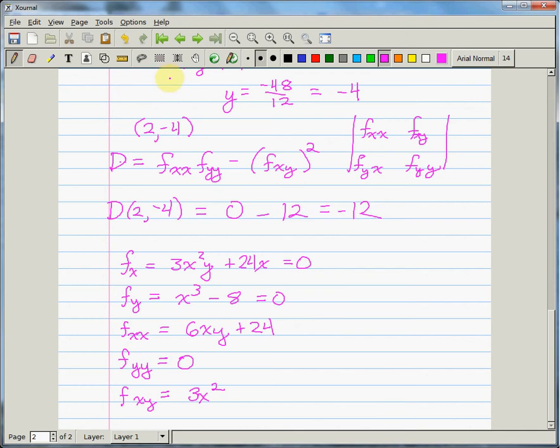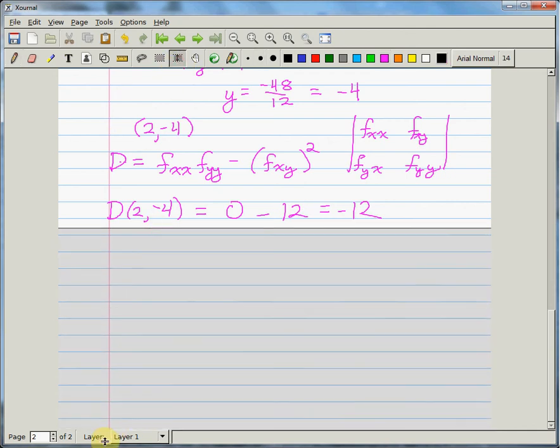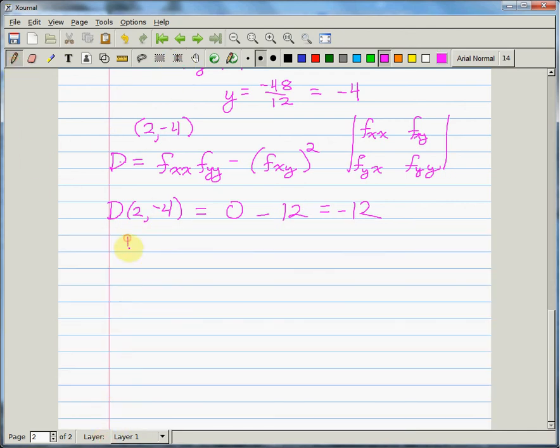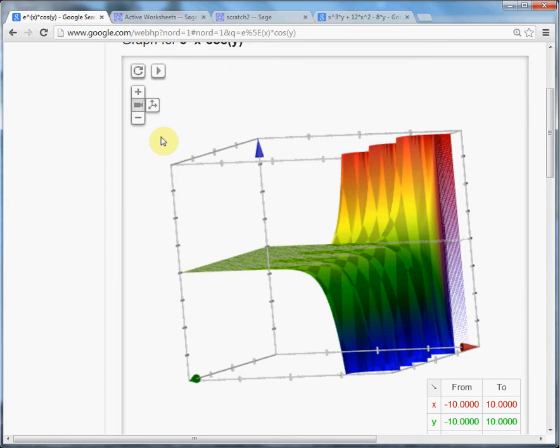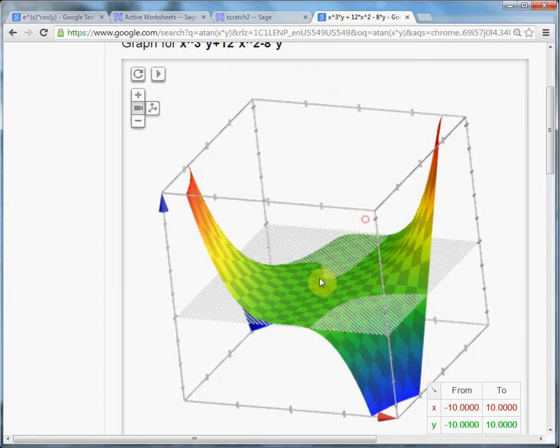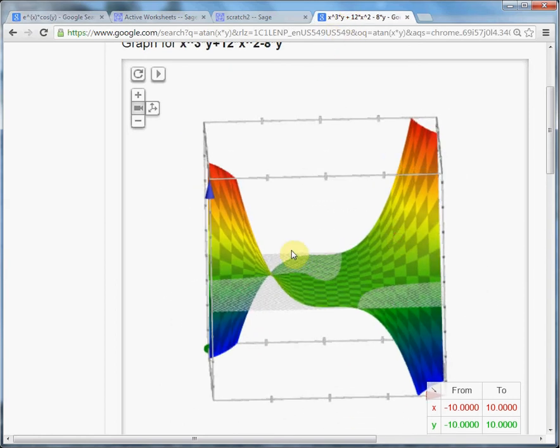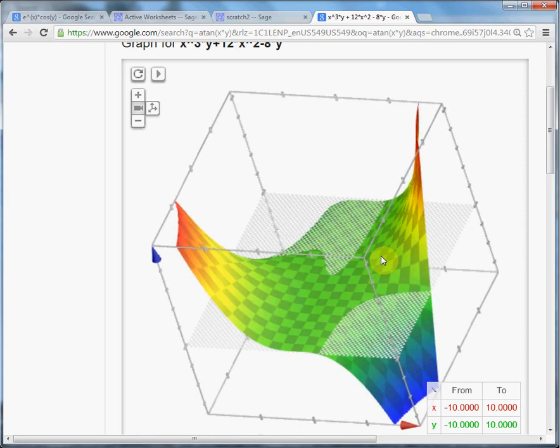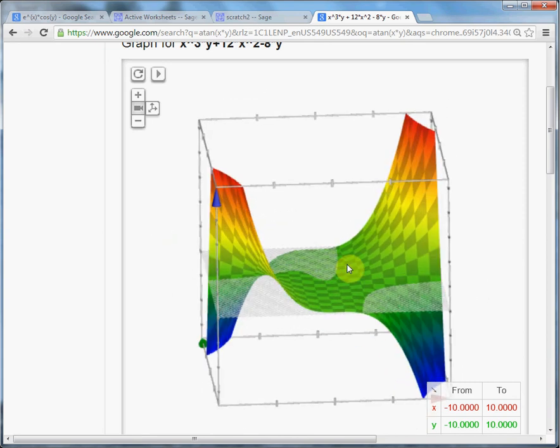And now the rule is that since D is negative, it follows that the point 2, minus 4 is a saddle point. And that means neither a local max nor a local min. Let me show you the picture. You can see that it is indeed a saddle point. You could straddle that thing if you wanted to. The point that we found is somewhere in here.